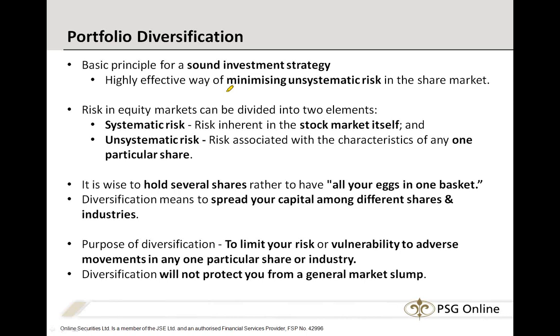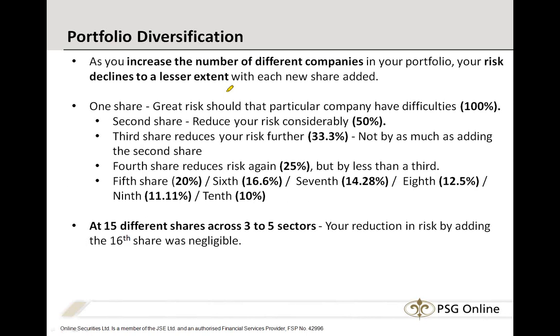But remember, diversification will not protect you against the general market slump. If the whole market's falling, it means most sectors are falling, most shares are falling. So that's why it's important to have investments in other asset classes, be it bonds, be it property, even going offshore into other equity markets.